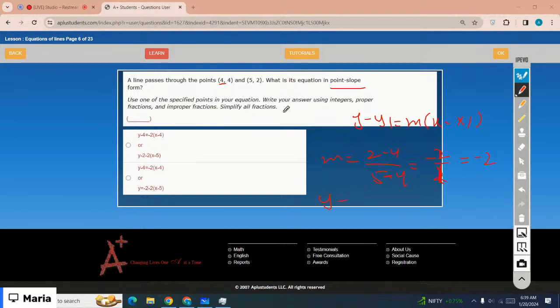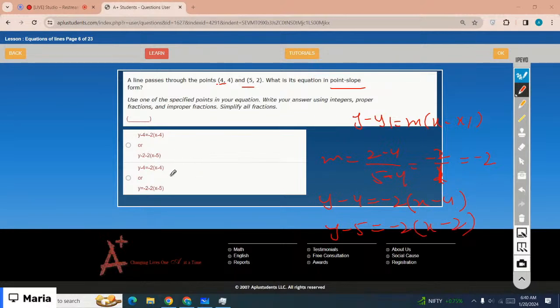So y minus, use any point, right? Y minus 4 equals negative 2 times x minus 4. You can use any point, either 4, 4 or 5, 2. You can write y minus 2 equals negative 2 times x minus 5.